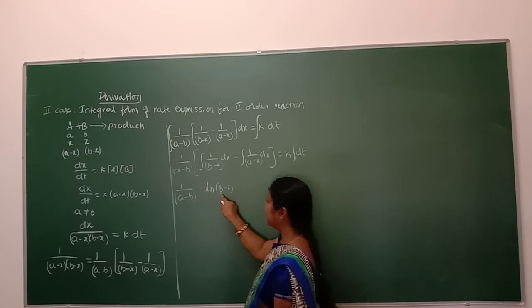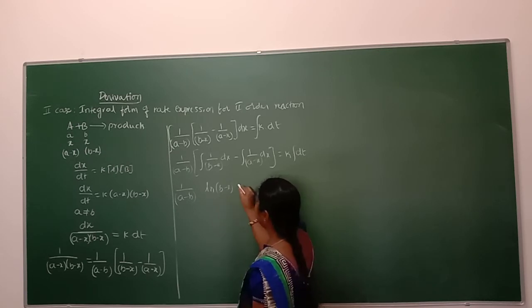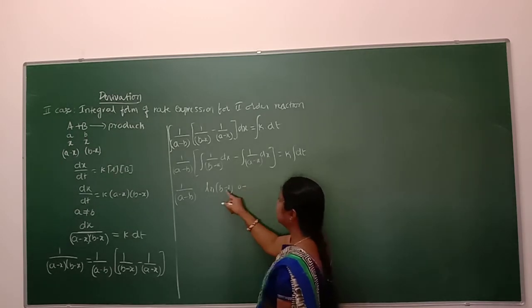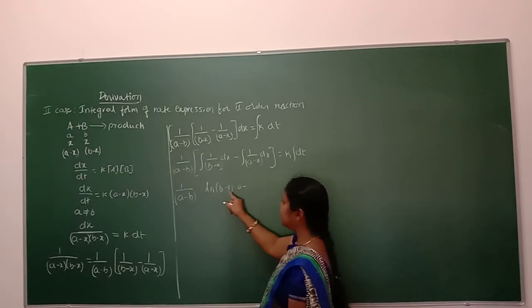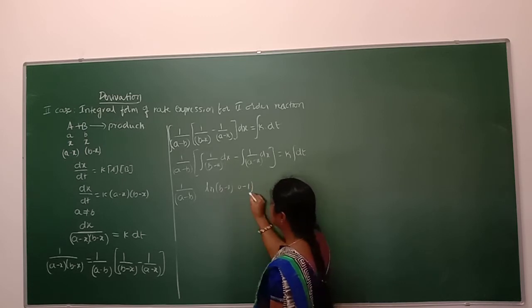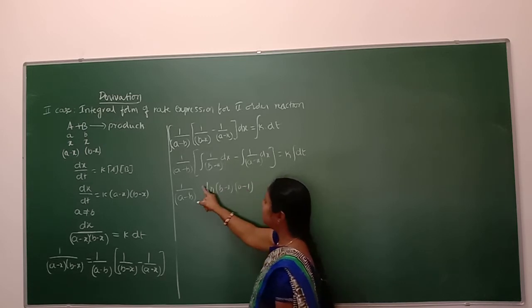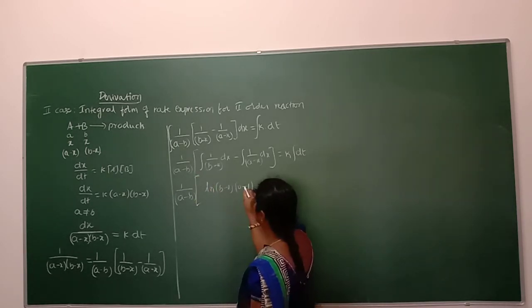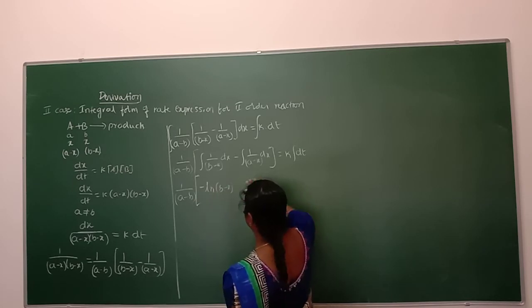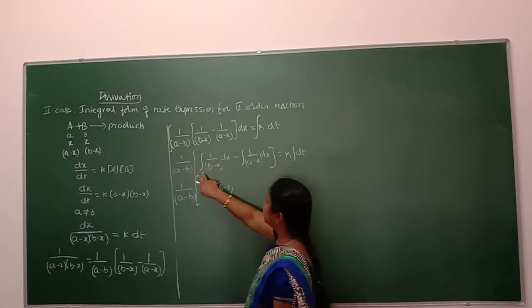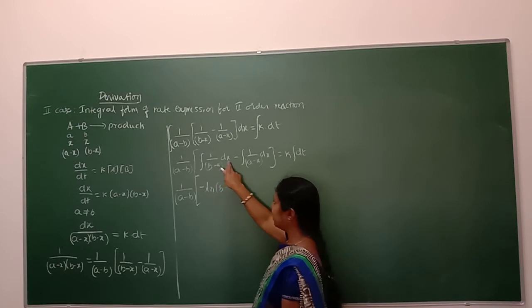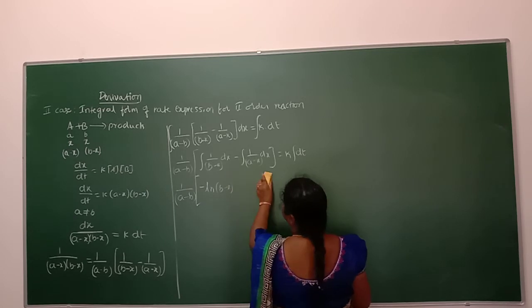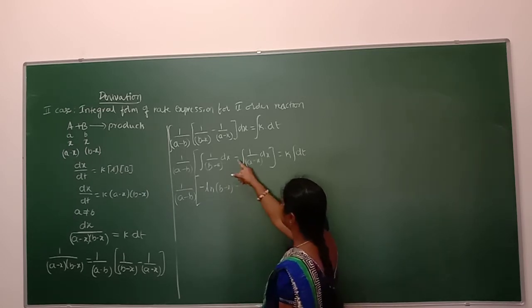The differentiation of b, a constant, is 0, minus, according to the equation, and differentiation of x with respect to x is 1. So this minus will move out: we put a bracket and write this minus sign here. So integration of 1 by (b minus x) with respect to x can be written as minus ln (b minus x). Similarly, here also there is a minus according to the equation.